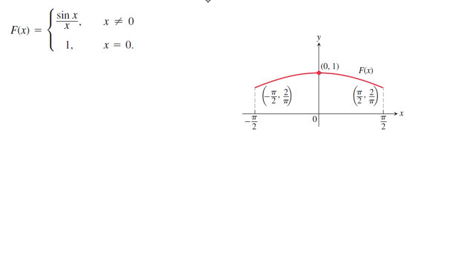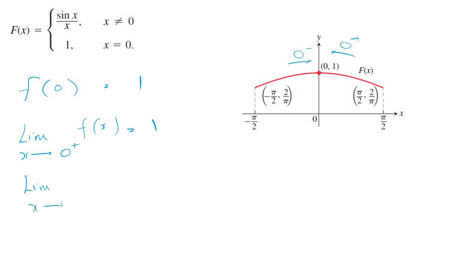Here we see the function is defined as sine x over x when x is not equal to 0, and it gives an artificial value of 1 when x is equal to 0. So now f(0) is equal to 1, and from before, we know the limit as x tends to 0 from the positive side is equal to 1, and the limit as x tends to 0 from the negative side is also equal to 1.